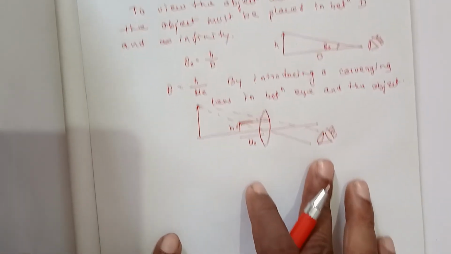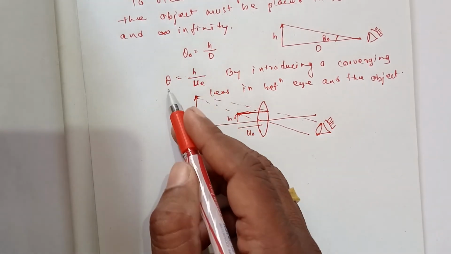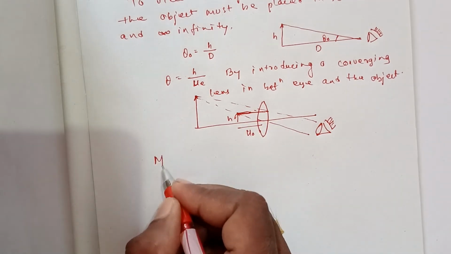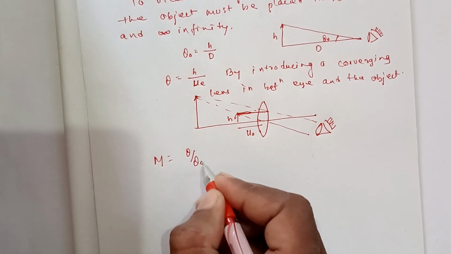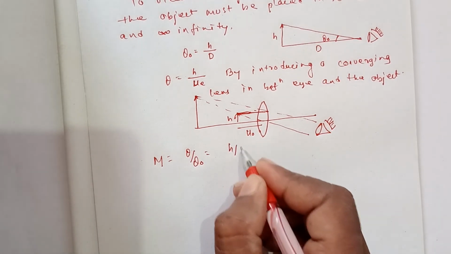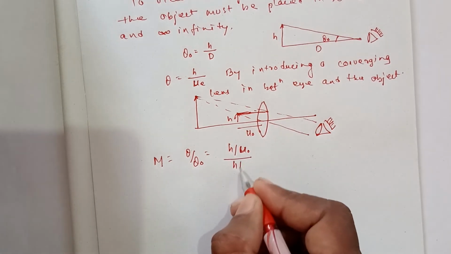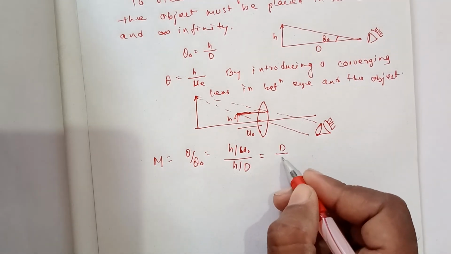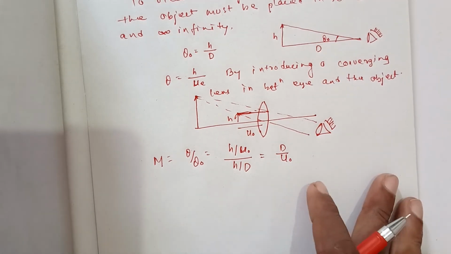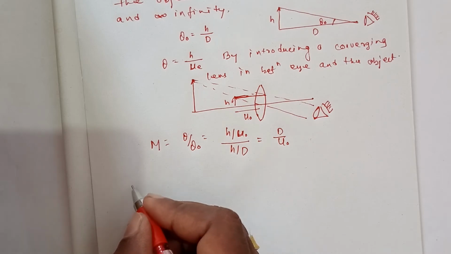Right. Then that is the theta naught and that is the theta, and the magnification is the division of the two angles, theta by theta naught, that is equal to h by u naught divided by h by D. After cancellation we get D by u naught.